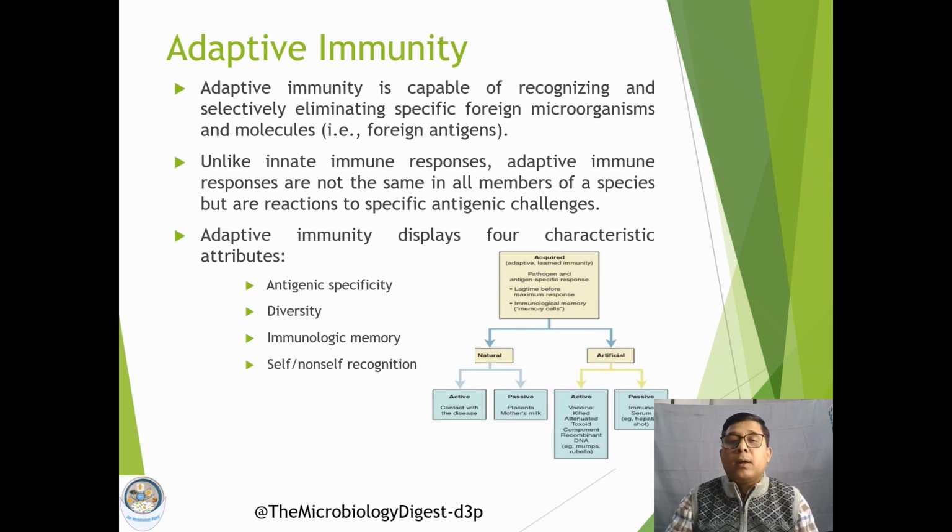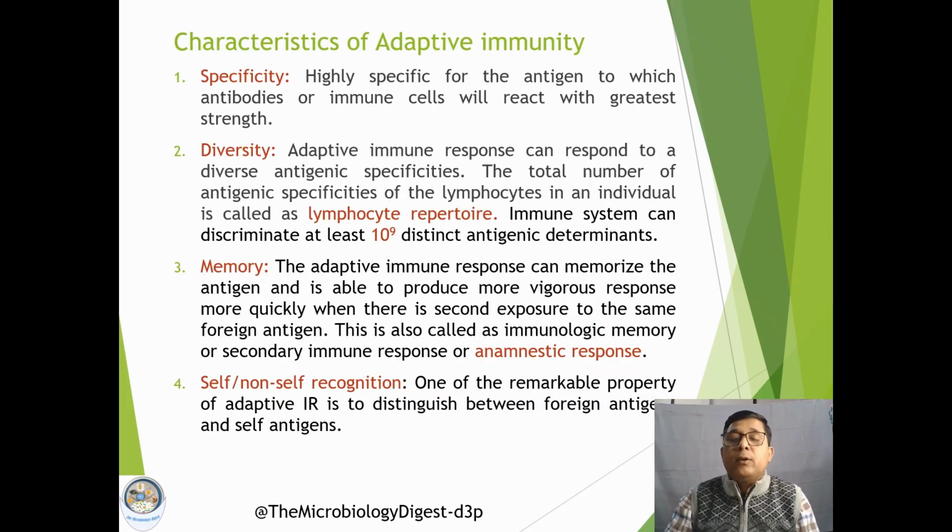These four characteristics are very important, and if any of these highly regulated mechanisms fails in our body, then some pathological issues or immunological disease may come up. Now, characteristics we have already discussed.